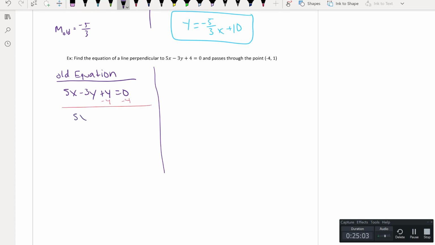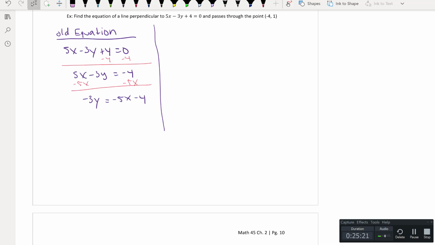So I can get 5x minus 3y is equal to negative 4. Now I'm going to subtract 5x from both sides. So I can get negative 3y is equal to negative 5x minus 4. And I still need to isolate the y, so I'm going to divide everything by that negative 3. So I can get that y is equal to a positive 5/3 x plus 4/3. So my old slope that I have right here is 5/3.